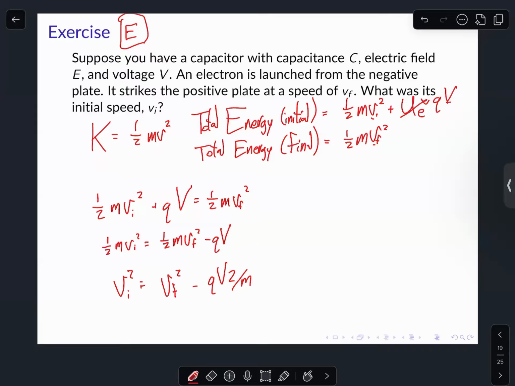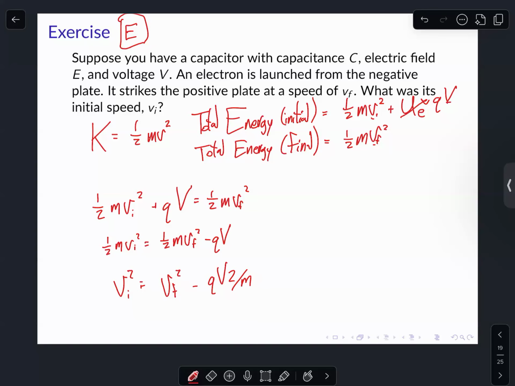You see it? 2 times 3 plus 4 is not 2 times 3. 2 times 3 plus 4 is 2 times 3 plus 2 times 4. You can't ignore one of the terms. You multiply both of these by 2 over m.